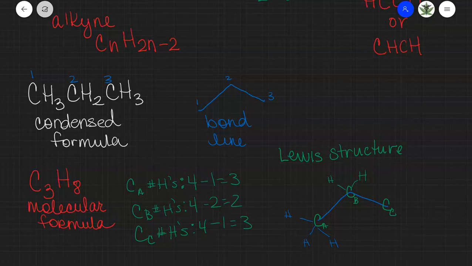So carbon C is going to have 3 hydrogens. So I've just converted my bond line into a Lewis structure. So we should be able to interconvert into any of these different formats of how we can write molecules and ions.